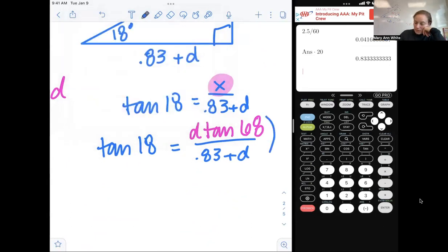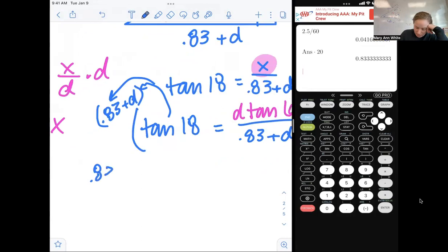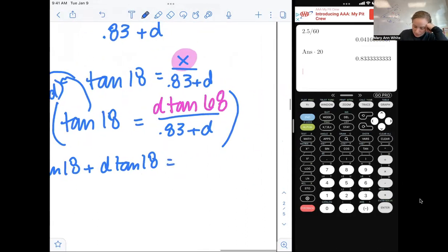Just like last problem, let's multiply by the denominator on both sides. And let's distribute that tan 18 into everything. 0.83 tan 18 plus D tan 18 equals 0.83 plus D.